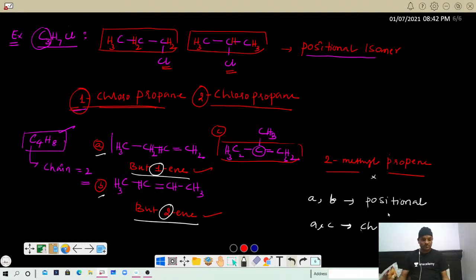Why are they chain isomers? It is prop, it is but. They are not the same root words. Therefore, they are chain isomers. Right? Again, what about B and C? B comma C are also chain isomers.